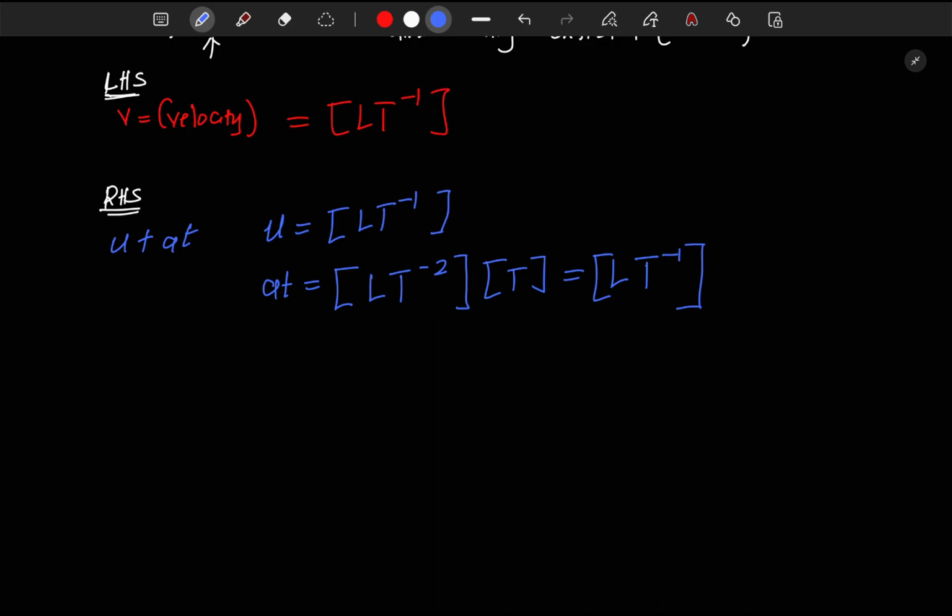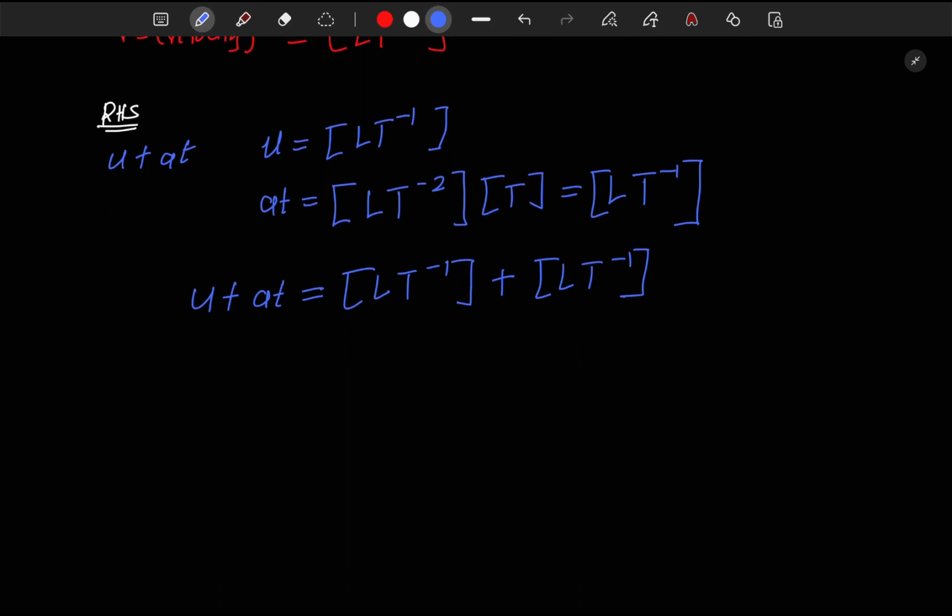So now we are saying u plus at is equal to LT^-1 plus LT^-1. In dimensional analysis, this is why we don't consider numbers or numeric digits.